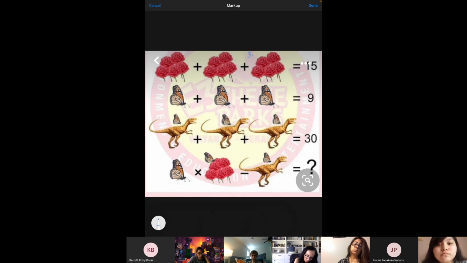We have 3 roses equal 15, so the rose equals what? 5. 5, I agree. The rose equals 5. I have 3 butterflies equal 9, so the butterfly equals 3. I agree.